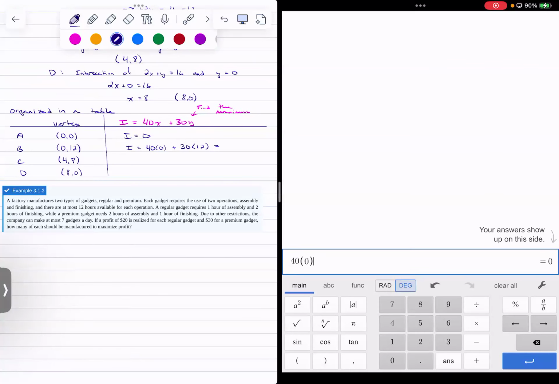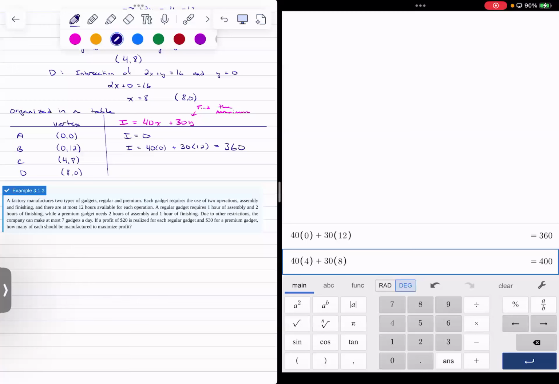40 times 0 plus 30 times 12 is 360. I'll just jot that down here. For the next one, I've got 40 times 4 plus 30 times 8.